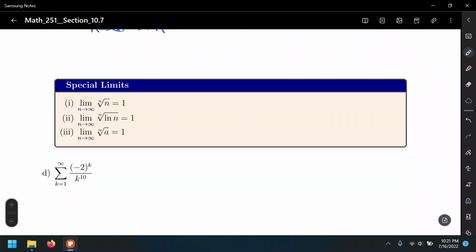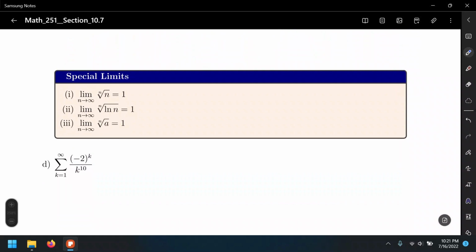Now, there are other special limits that you might want to consider, and you might want to put these special limits on your sheet of notes for your exam, because if you're computing a limit like this on the homework or on the exam, these limits would require the whole L'Hopital's rule.